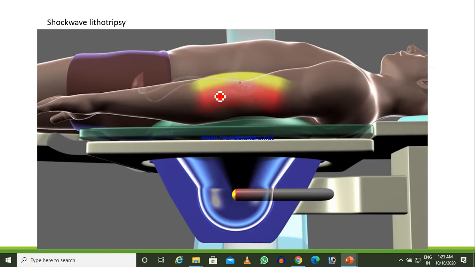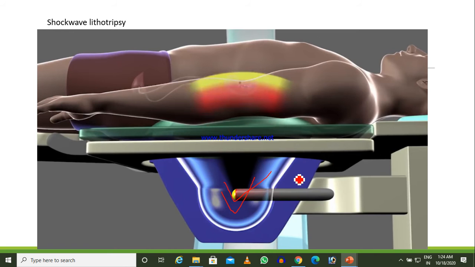Why am I telling this? In this kind of treatment, shockwave lithotripsy, a very high frequency is used. The doctor, by seeing the size and getting an idea about the renal calculi developed in the kidney, will decide the frequency. Using an ultrasound source, it will generate that particular frequency, and it will be conducted, reaching the renal calculi.